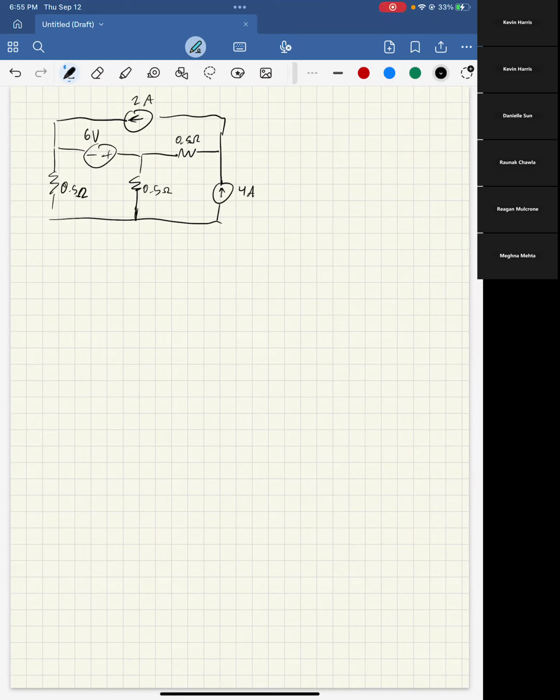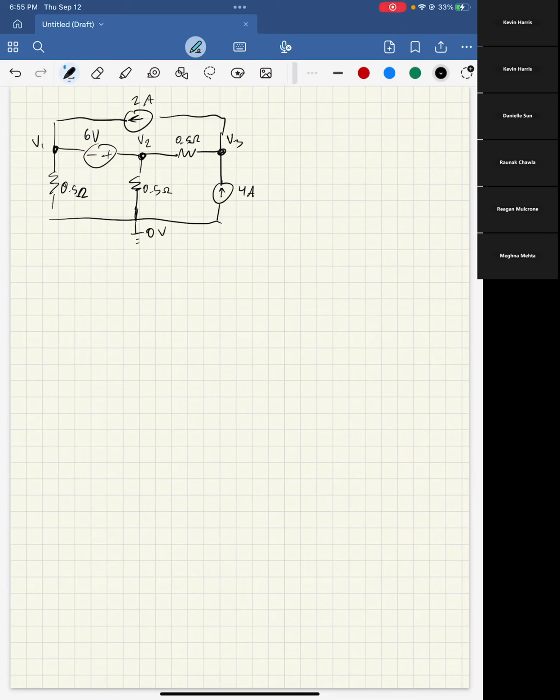This one's actually pretty good because it involves a lot of the small mistakes you can make with supernodes. So here, I'll call the nodes V1, V2, V3, and I've put the 0 volt down at the bottom as normal.